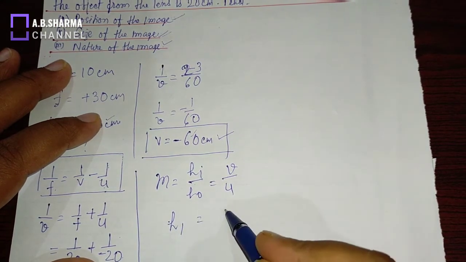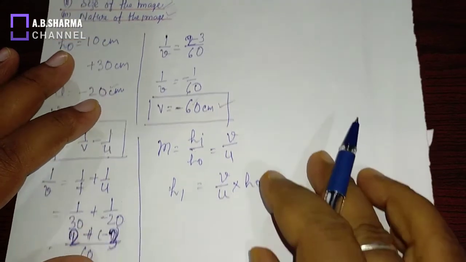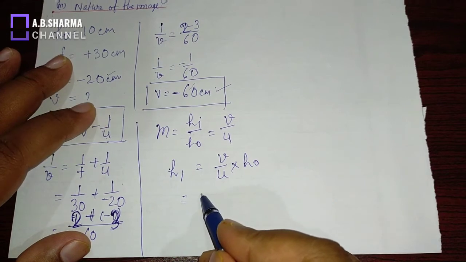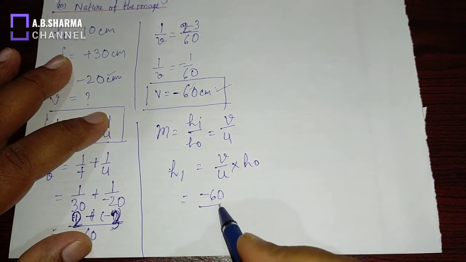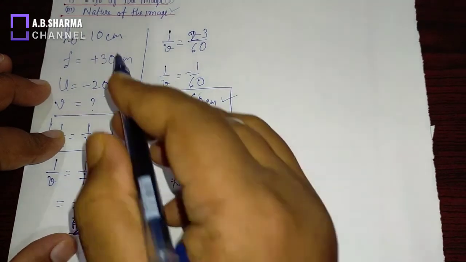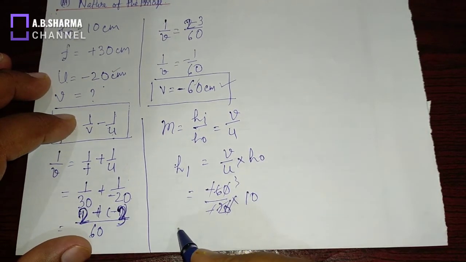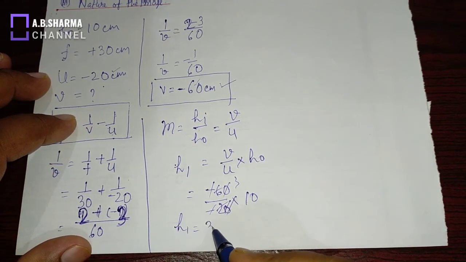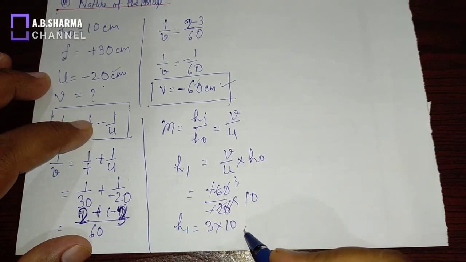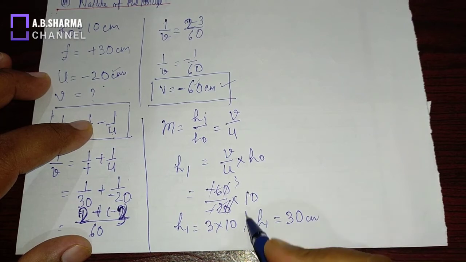So hi equals to v over u multiplied by ho. V equals to minus 60, u equals to minus 20, and ho equals to 10. So hi equals to 3 into 10, means height of image is equal to 30 centimeter.